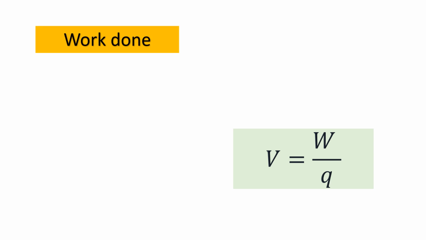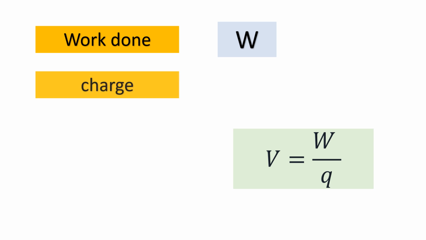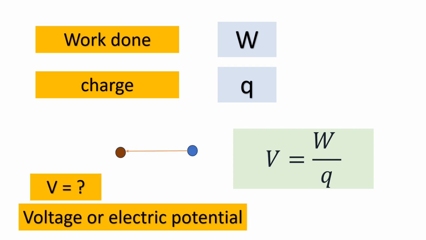And what is voltage? What is electric potential? It is the work done. We have seen that voltage is actually the work done to bring a unit positive charge from infinity to a particular place in the electric field. So work done is symbolized by W, and we are bringing a charge, so charge is symbolized by Q. And what about voltage?